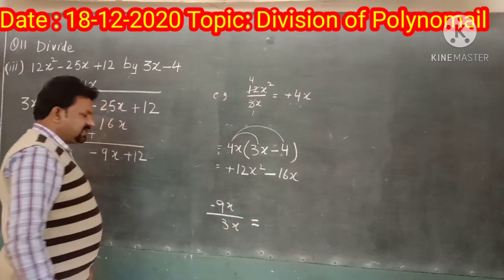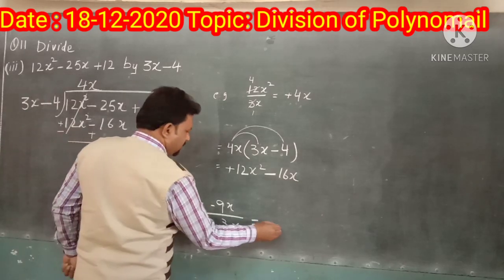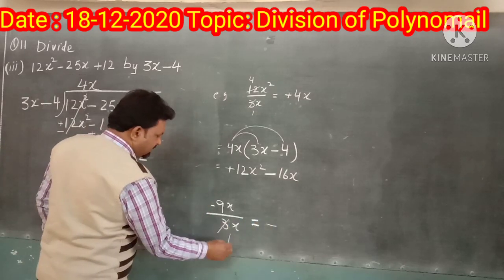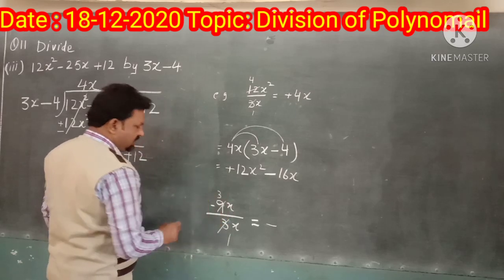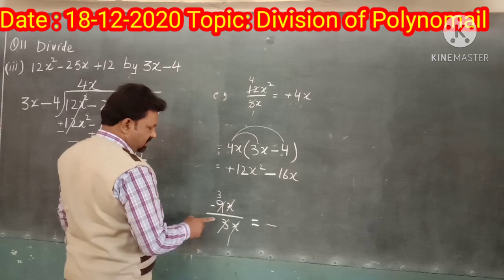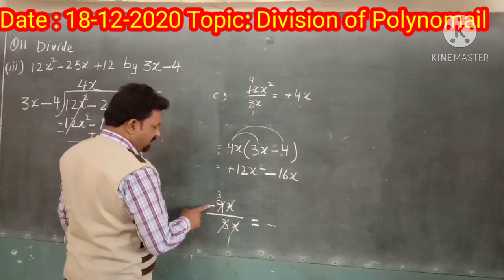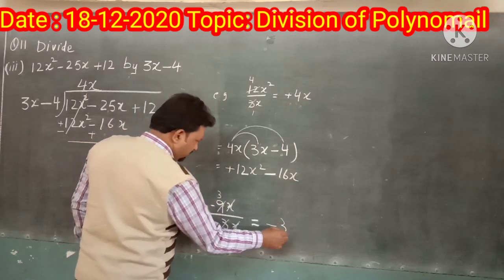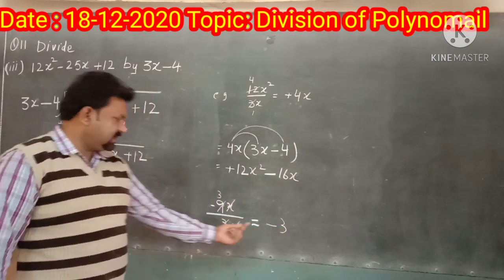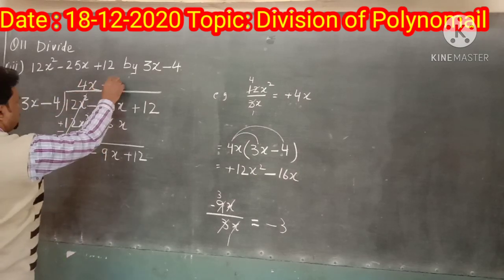The result is minus, plus, minus. 3 1s are 3, 3 3s are 9, and the x will cancel with each other. So the result is minus 3. This result we will write here as an answer, minus 3.